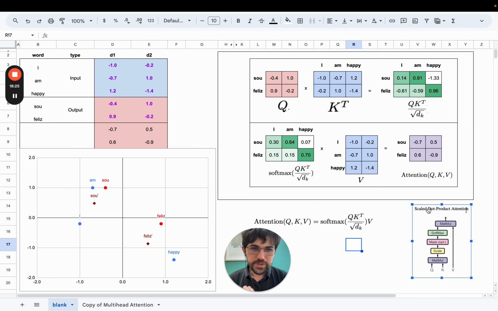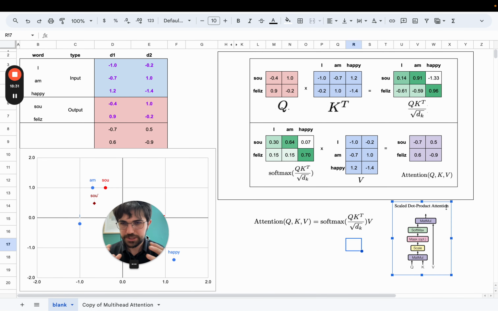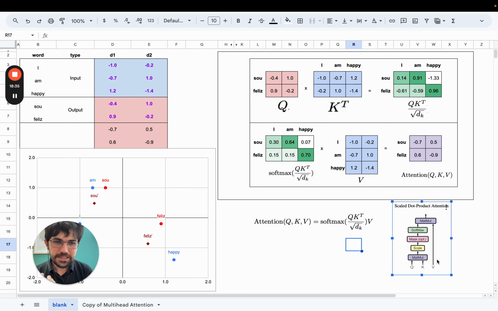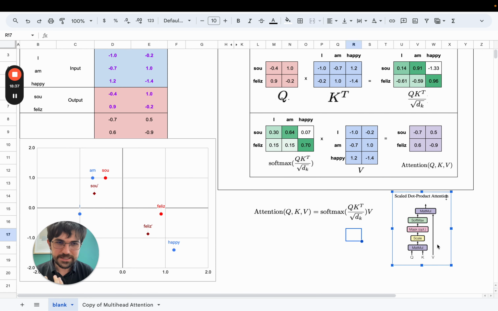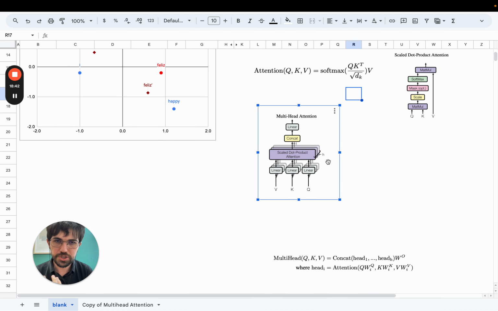Now I want to expand this implementation into the multi-head attention, which is what we have in the original implementation. The main difference is that this scaled dot attention is a portion of the multi-head attention, and we apply a linear network.